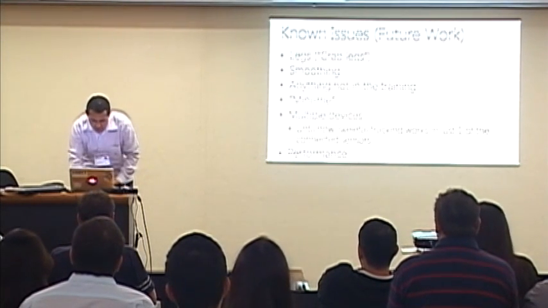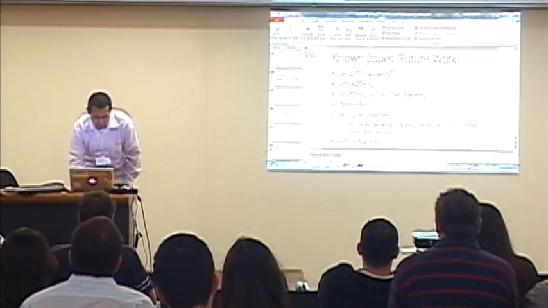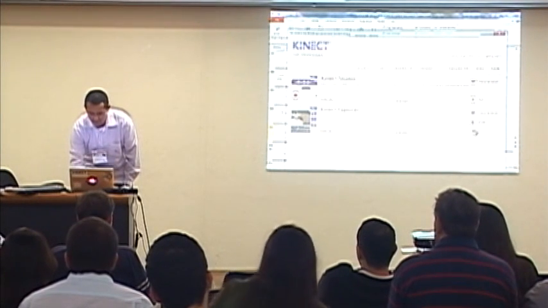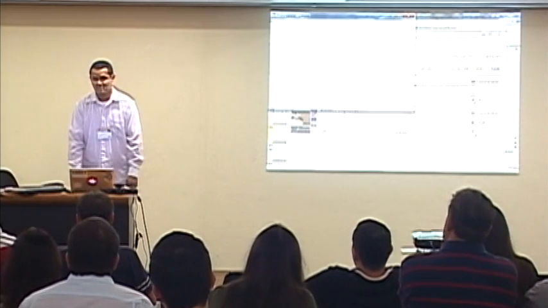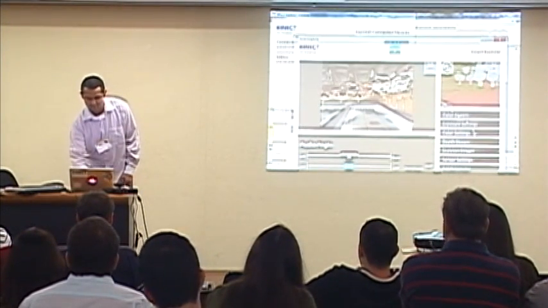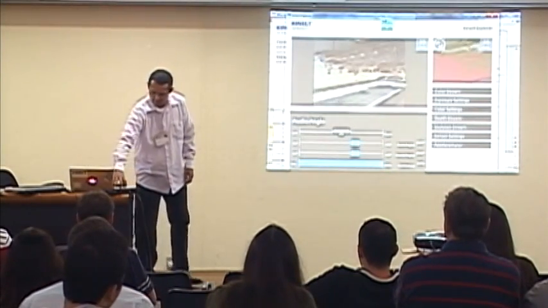Why would it just not work? What is it that's just not working? The depth would be okay, exactly. The depth would be okay. So why is it just not working? Skeletal tracking would not work.